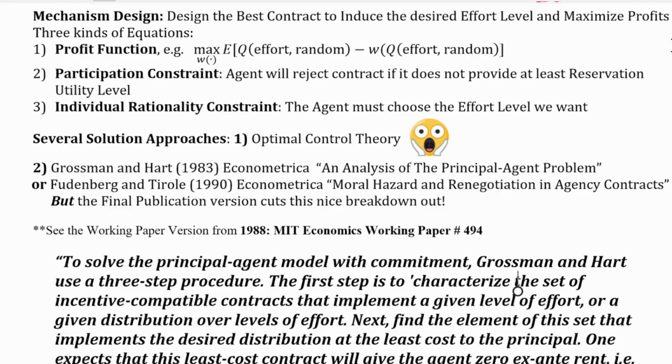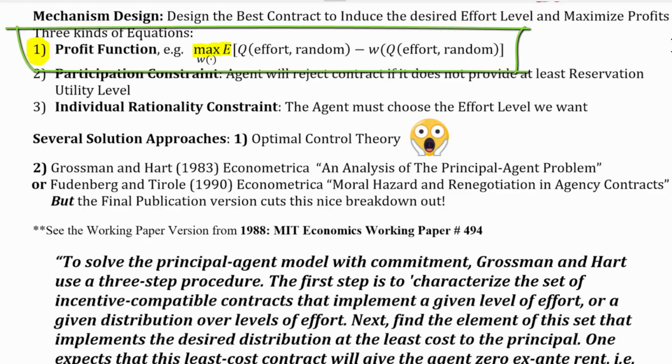Now, when we do this, there are going to be three kinds of equations that we're going to want to think about. First is a profit function. Basically, what is the profit function or the utility function of this principal going to be? What we want to do is maximize the expected value. And what we're choosing here is a wage contract.